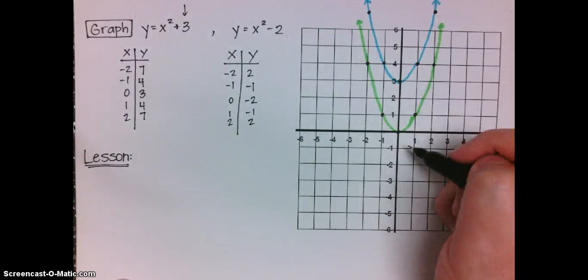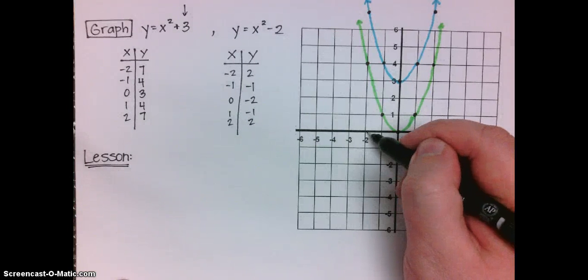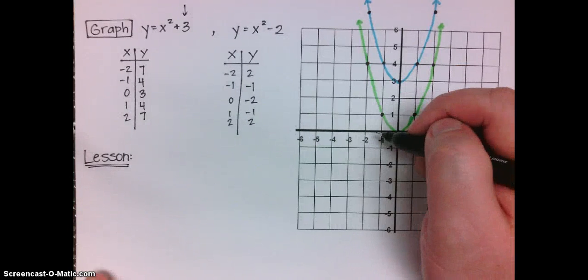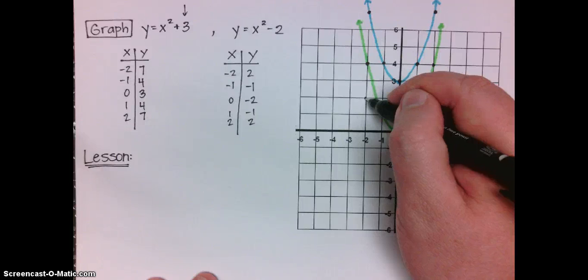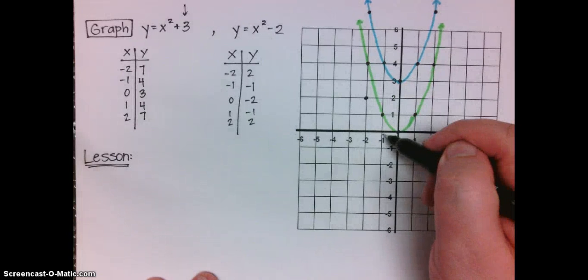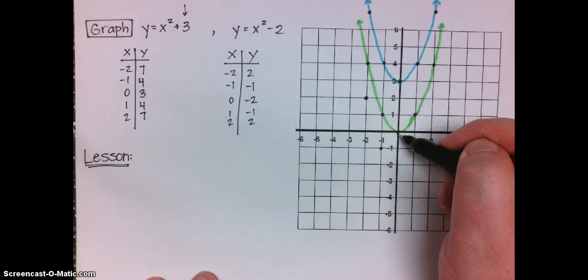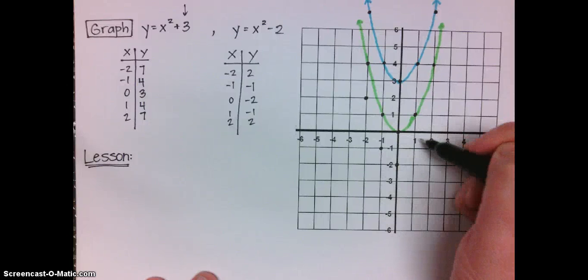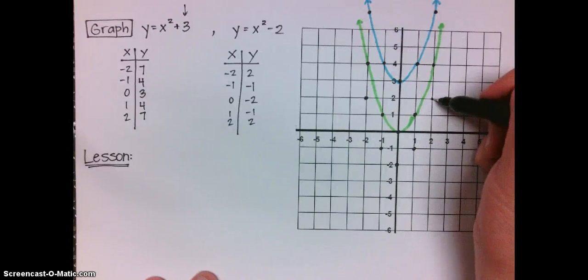Let's plot these points. -2 up to 2, -1 down to -1, 0 down to -2, 1 down to -1, and 2 up to 2.